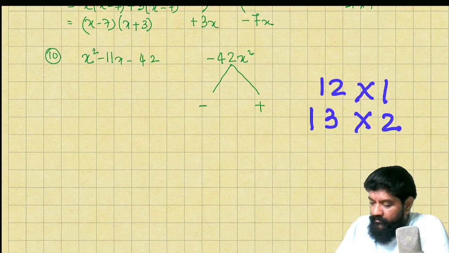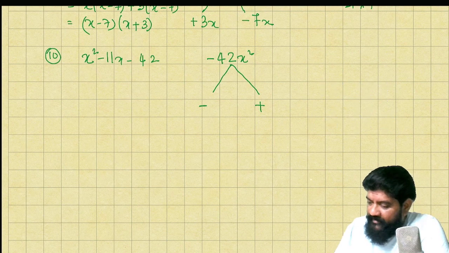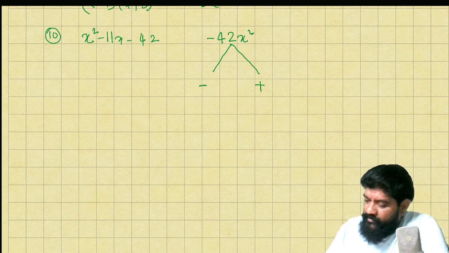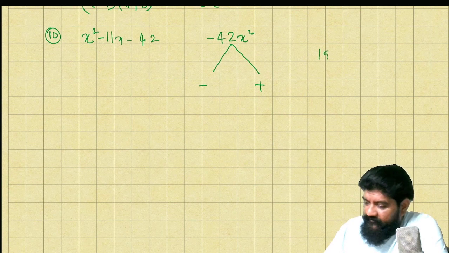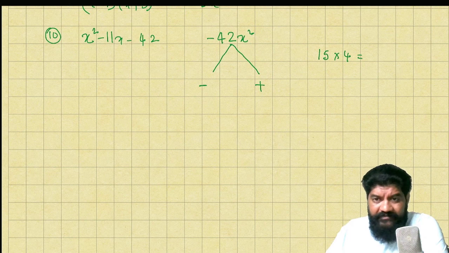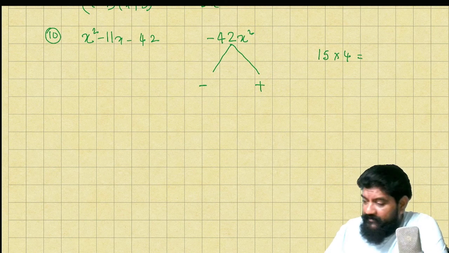So let's go ahead. So what now? How about 15 into 4? I know that 15 into 4 is not going to give me an answer, but I'm going to try and see what I get if I do that. So 15 into 4 is going to be 60.